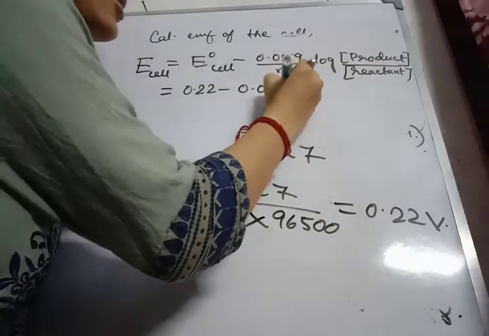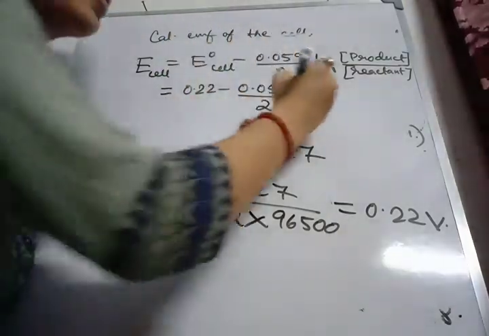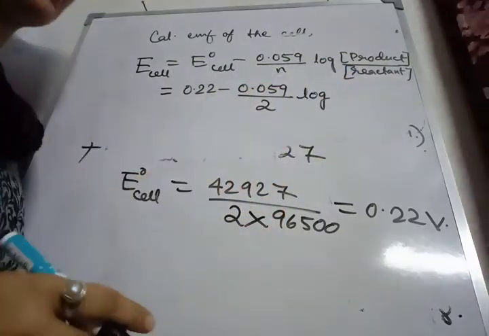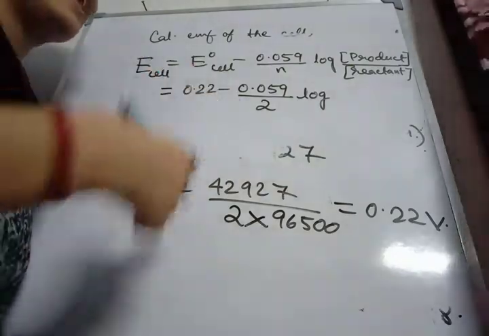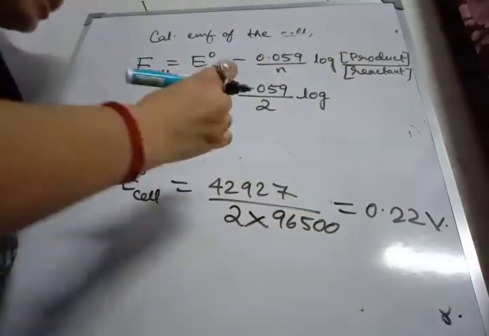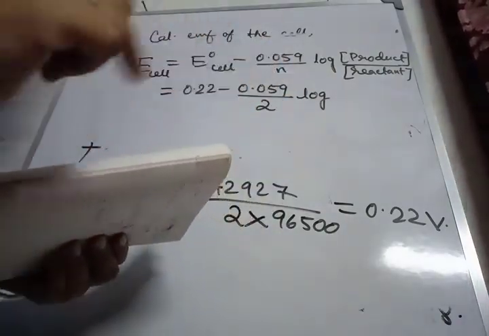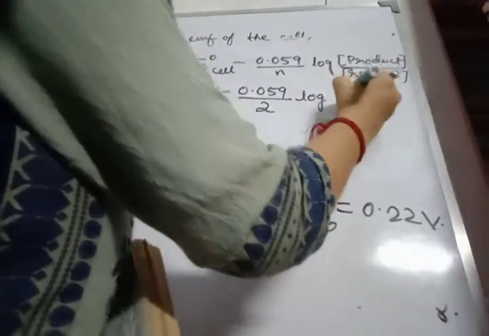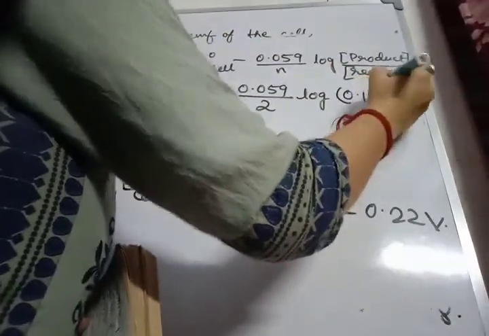Then 0.059 by n, where n is the number of electrons, equal to 2. Now what are my products? We need to remember that here we will only consider the ion concentration and the pressure of the gas. Any solid substance will not be included. So here the products are hydrogen ions and chloride ions. The hydrogen ion concentration is 0.1 molar, to the power 2.